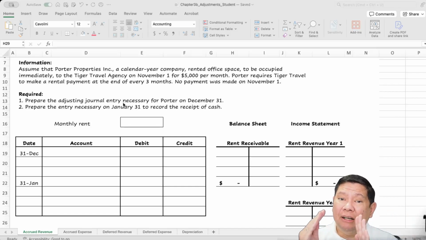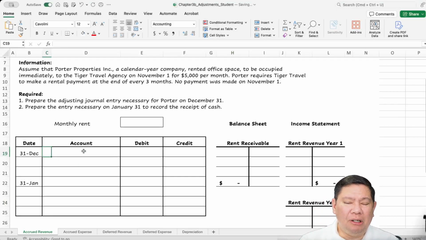So by the end of December, December 31st, because this is a calendar year company, the fiscal year end is December 31st. So by the end of December 31st, the Tiger Travel Agency has already used the space for 2 months.